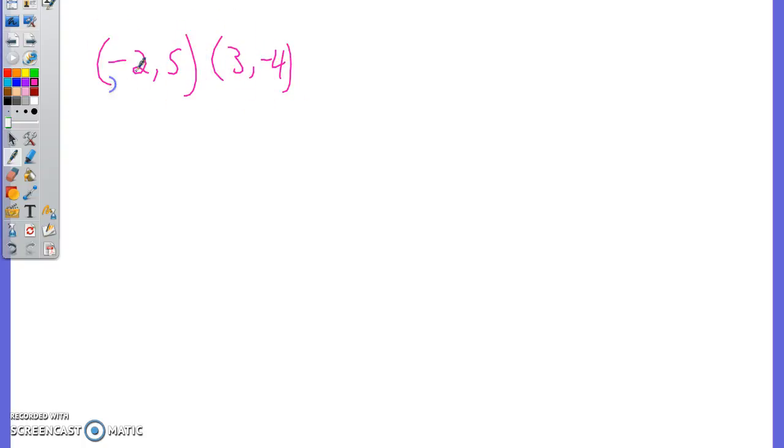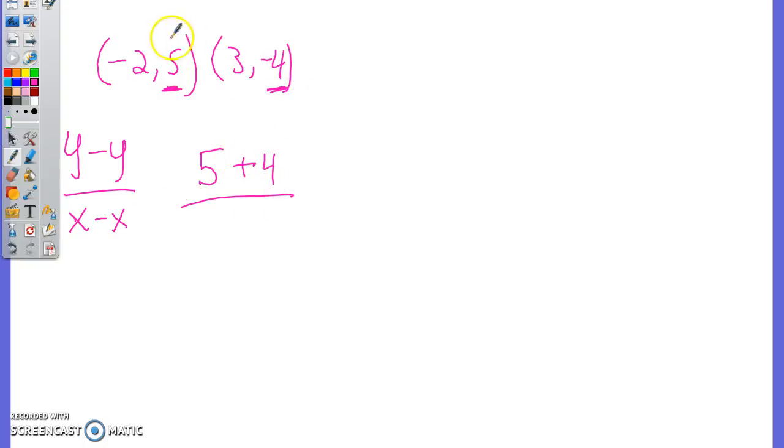And we're using that equation, y minus y over x minus x. Depending on which y you use first, that's one that has to go in, that determines what x goes in first. So let's use 5 first. So I have 5 minus, and then I have a negative 4. So a negative 4 becomes 5 plus 4.